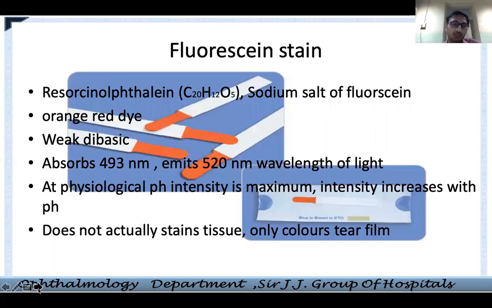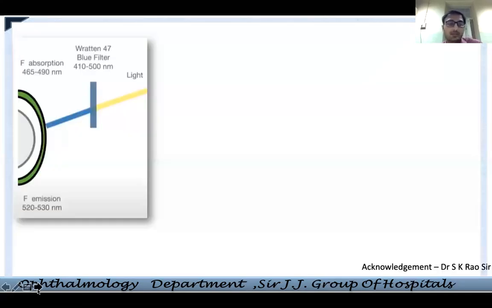So fluorescein stain, I just want you to understand that this is a basic dye, and it absorbs at 493 nanometers and emits at 520 nanometers. Now try and understand this. When you are staining, you stain with the dye and it forms a layer on your ocular surface.